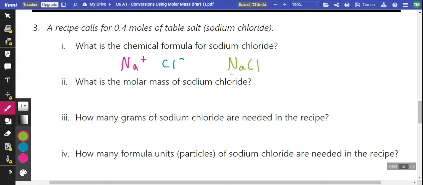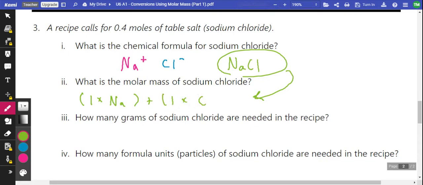Okay, what is the molar mass of sodium chloride? Well, the molar mass of a single element is just what the periodic table says for it. So if we have two atoms of two different elements here, we just need to add up the molar masses of those two things. So I'm going to need to add up the molar mass of 1 sodium plus 1 chlorine. If I had multiple of each, I'd have to do times multiples of each instead of times 1.